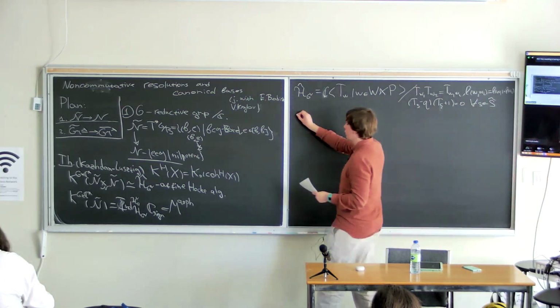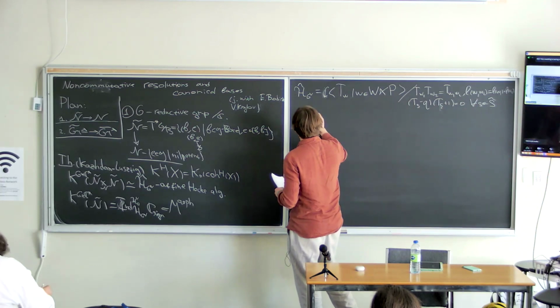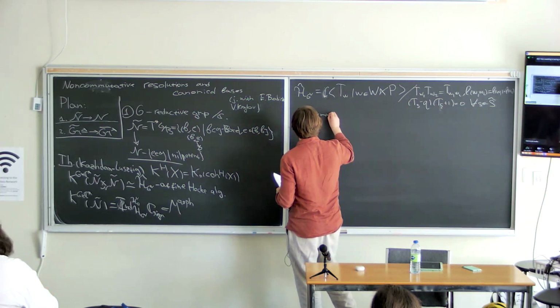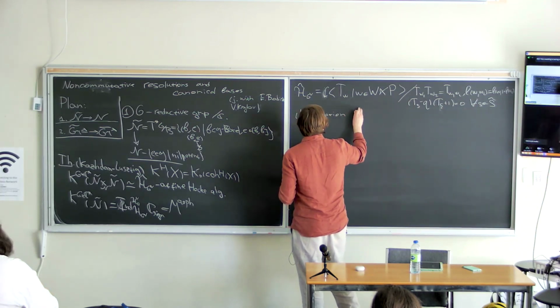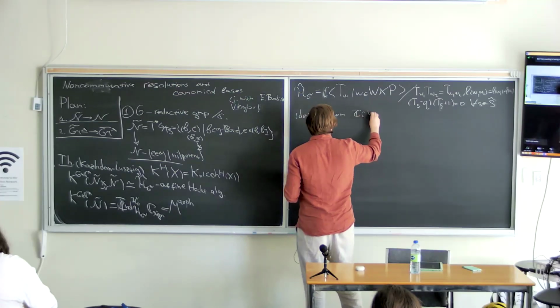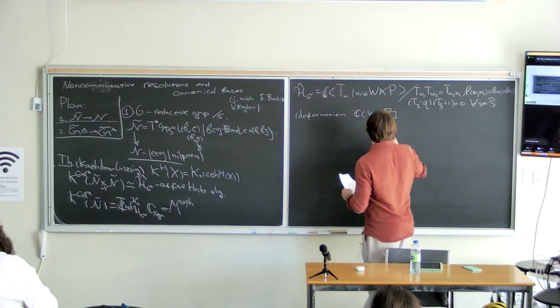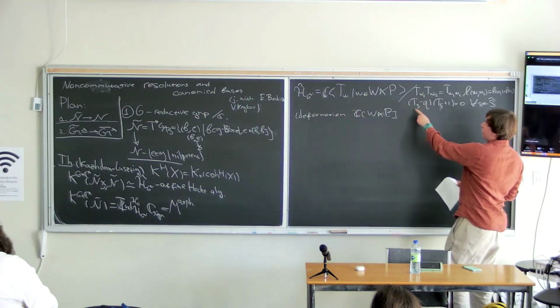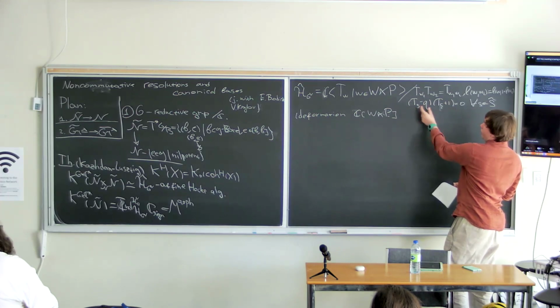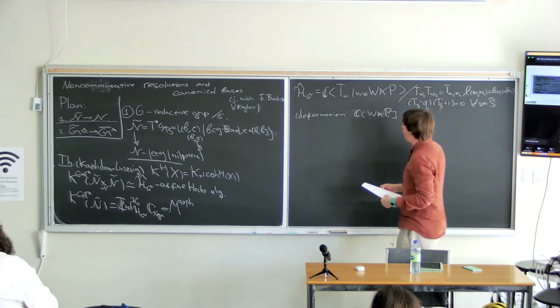So it's a deformation of the group algebra of the affine Weyl group. For the affine Weyl group, the first relation would be the same, and the square of this element should be 1. Okay.